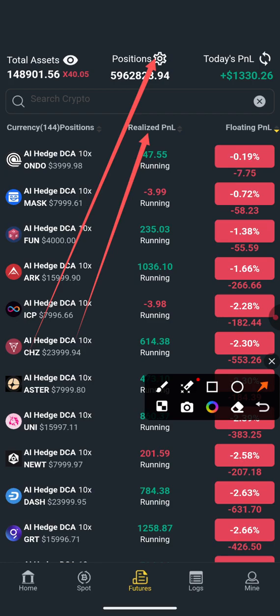This effectively almost guarantees that you cannot be liquidated. This is basically a foolproof, or a liquidation proof mechanism for futures trading, guys.